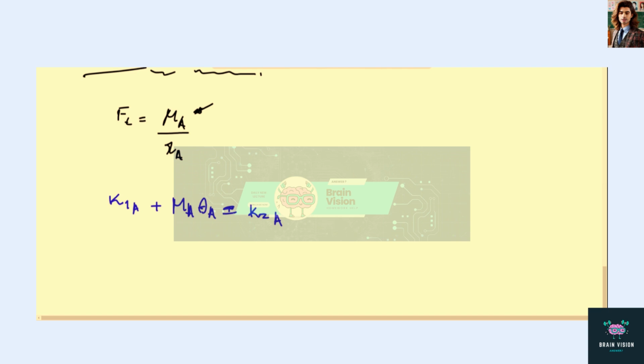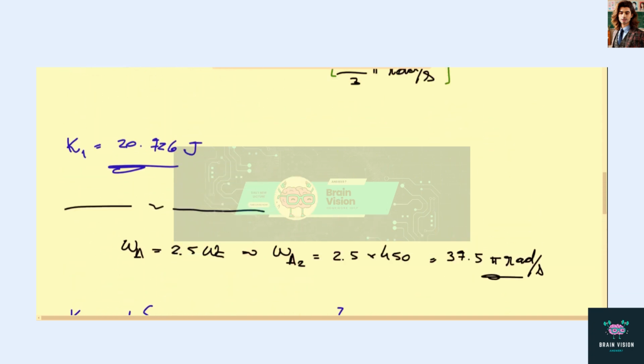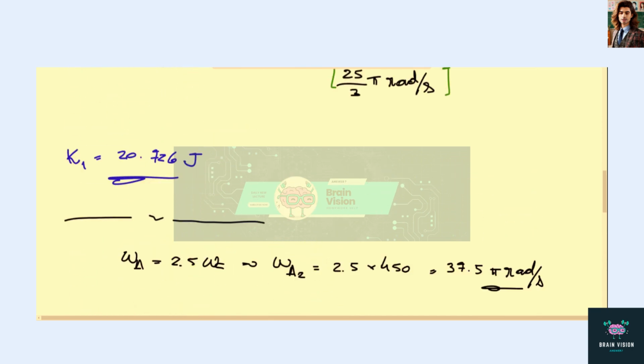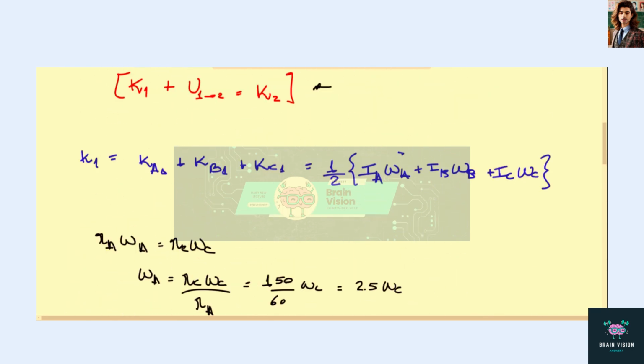We already know what K1 and K2 are because we already calculated this. It's just the moment of inertia multiplied by the angular speed squared. Don't forget this. I actually forgot to put this here. Here we also have the angular speed squared. Sorry guys for forgetting this, but we need to put this square, otherwise this will be incorrect.